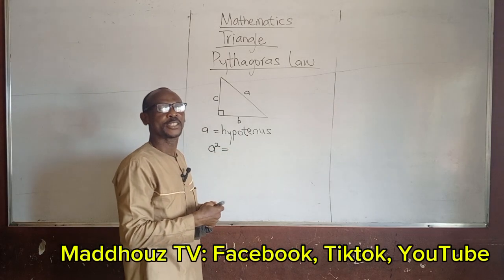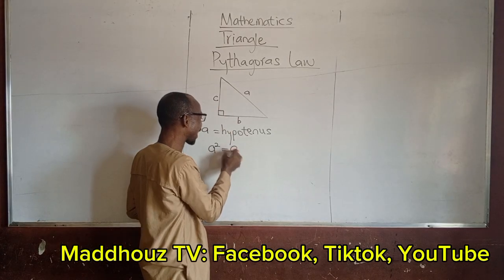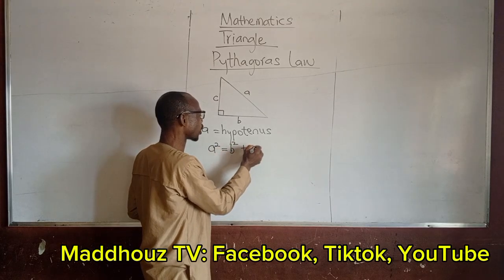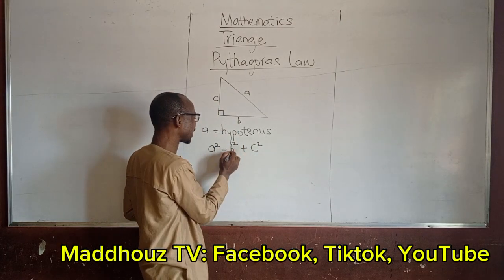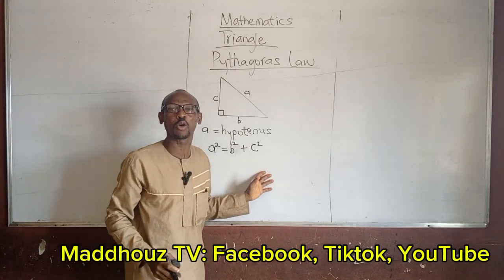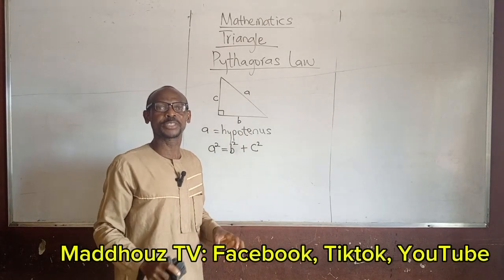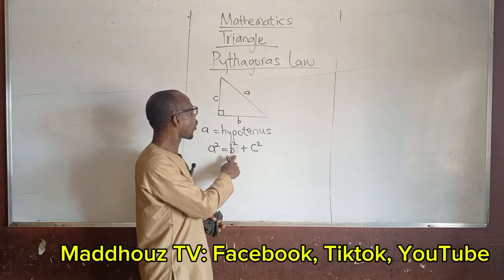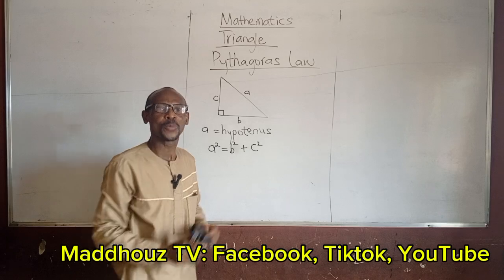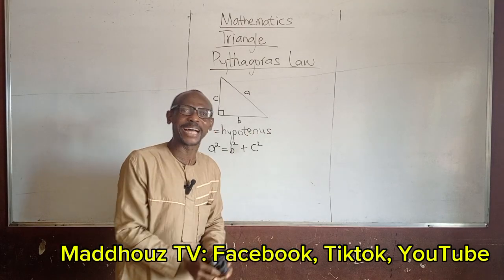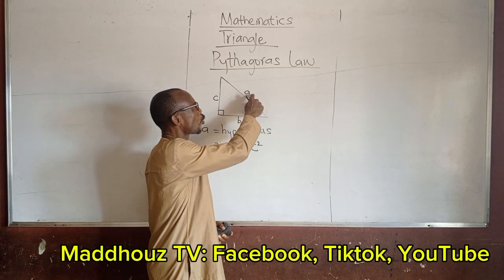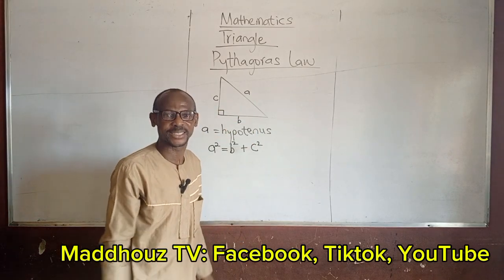So Pythagoras theorem says that if you square the two sides of the right angle triangle and add them together, it will be equal to the value when you square the hypotenuse side.